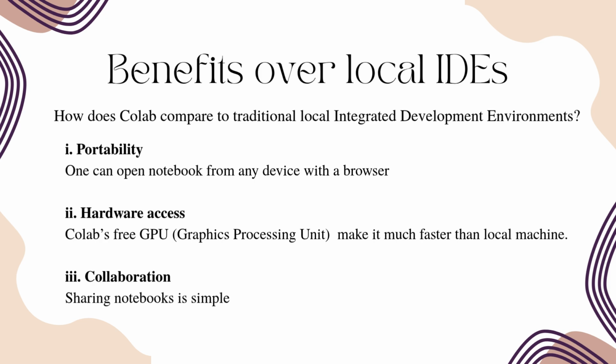Second is hardware access. On a local machine, training a deep learning model might take several hours or even crash due to memory issues. On Colab, you can train the same model using a free GPU, significantly reducing time and improving efficiency.